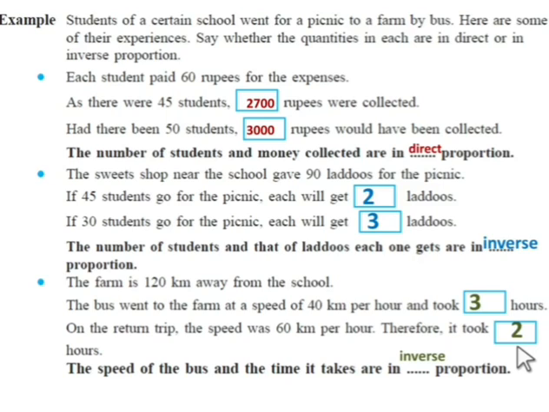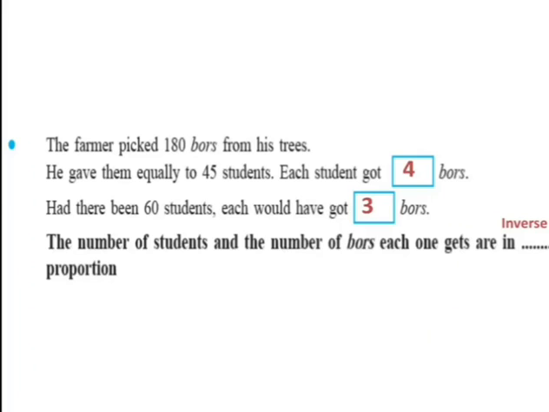Now, here it takes 2 hours to reach back. Now, in these two statements, the speed increases, the time decreases. That is, speed is inversely proportional to time. Hence, we see that the speed of the bus and the time it takes are in inverse proportion.